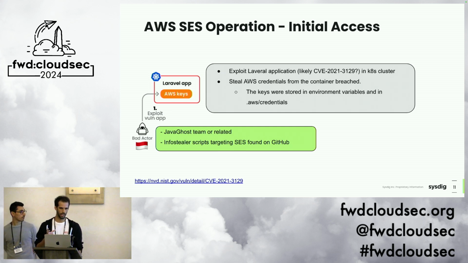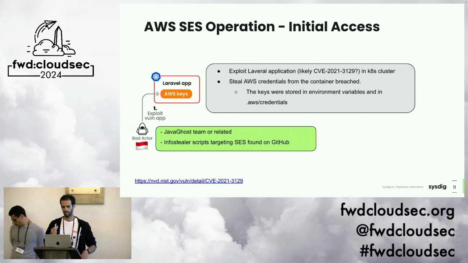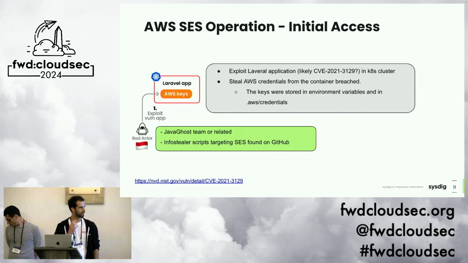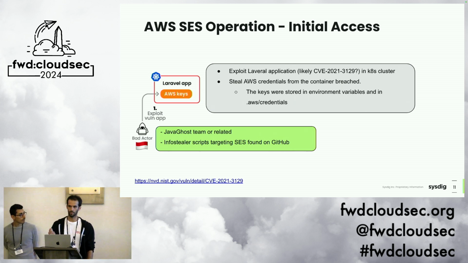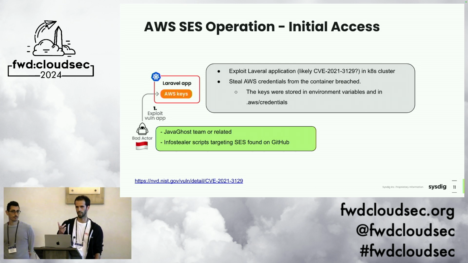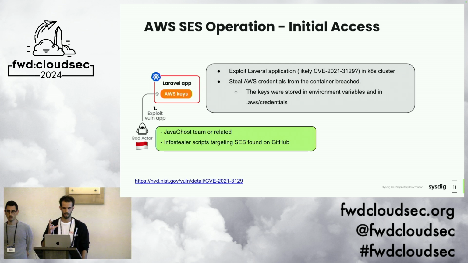We don't have any confirmation about the precise CVE that was exploited, but according to some later investigation, we can say that it could likely be CVE-2021-3129, also because we know that there are several scripts in the wild that automatically exploit this vulnerability.